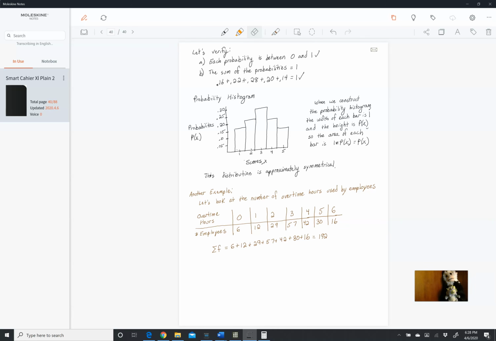So the probability distribution tells us, when we hire somebody new, a 193rd person, what is the probability that they don't take any overtime, or they take 1 overtime hour, 2 overtime hours, and so forth? Different than the relative frequency, because relative frequency tells us a certain percentage of employees took this amount of overtime. So we're not doing any prediction with the relative frequency, but it is giving us the exact same information. So this is the frequency histogram, frequency distribution.